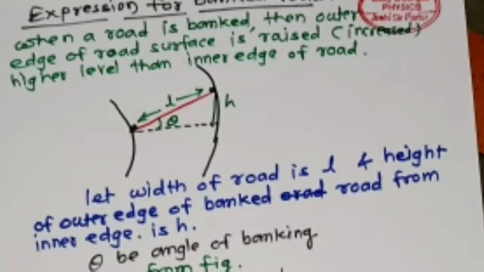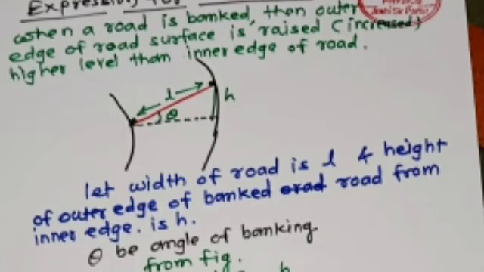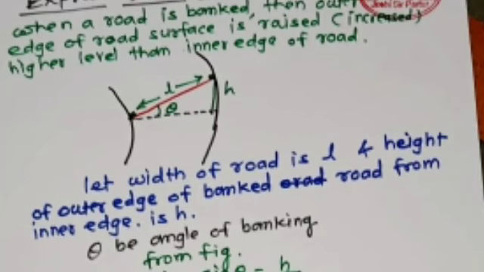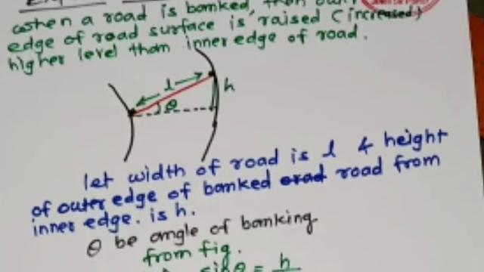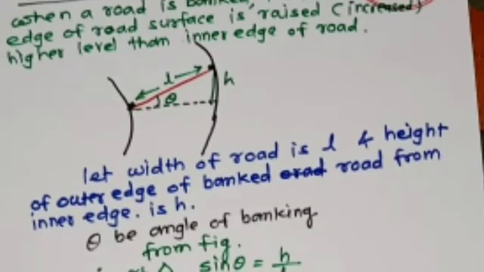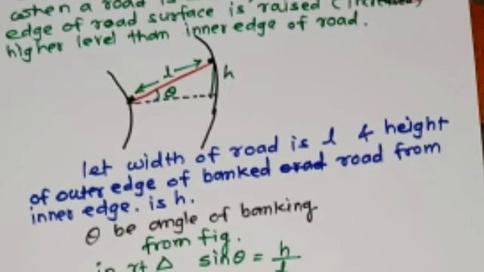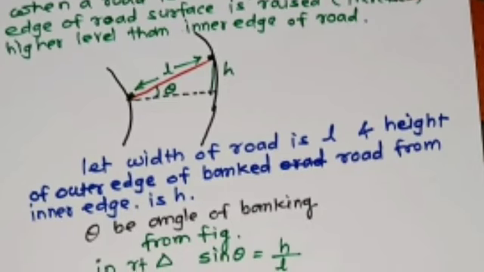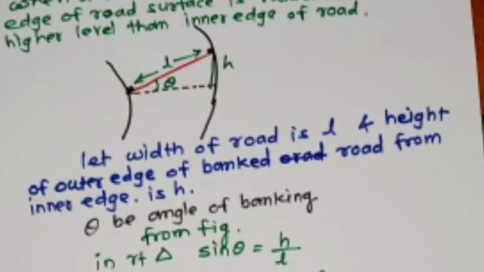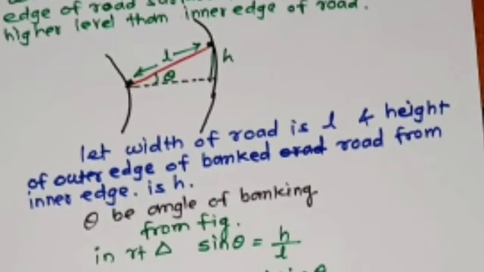When a road is banked, the outer edge of the road is raised to a higher level than the inner edge. See the figure. Let the width of the road be L, the height of the outer edge of the banked road from the inner edge be h, and theta be the angle of banking. From the figure, in the right angle triangle, sin theta equals h upon L.